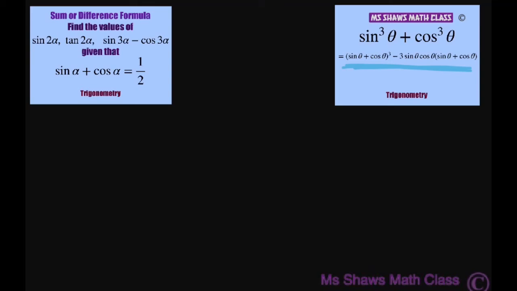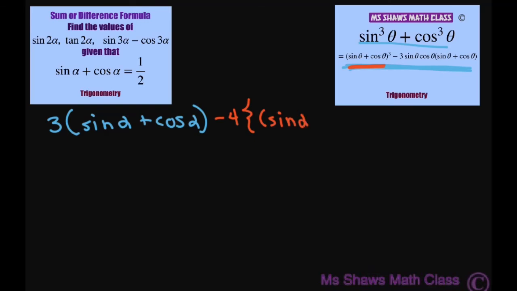So basically what we're going to get, I'm going to rewrite what we have this way. The first part we're just going to keep together. So 3 times sine of alpha plus cosine of alpha. So that we don't change yet. All right, then we have minus 4, and now I'm going to write this: sine of alpha plus cosine of alpha cubed.